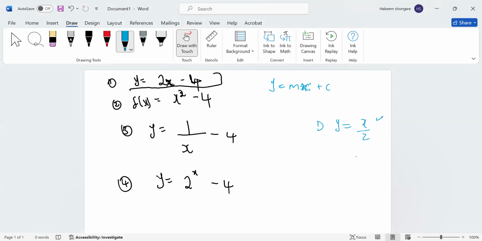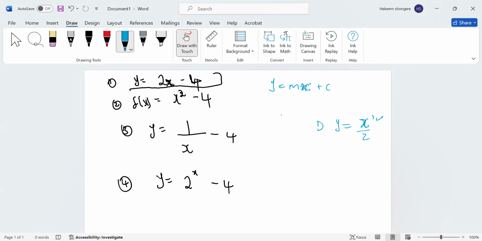What else for us to say it's a straight line? X should be to the power of 1. What is the exponent of x here? It's 1. So is it a straight line? Yes, it is a straight line because we have x on the numerator and x to the power of 1.